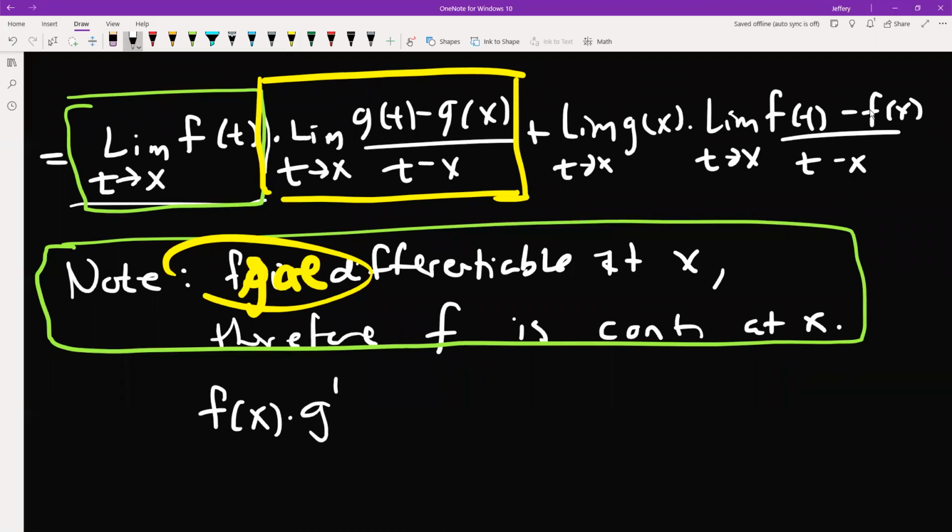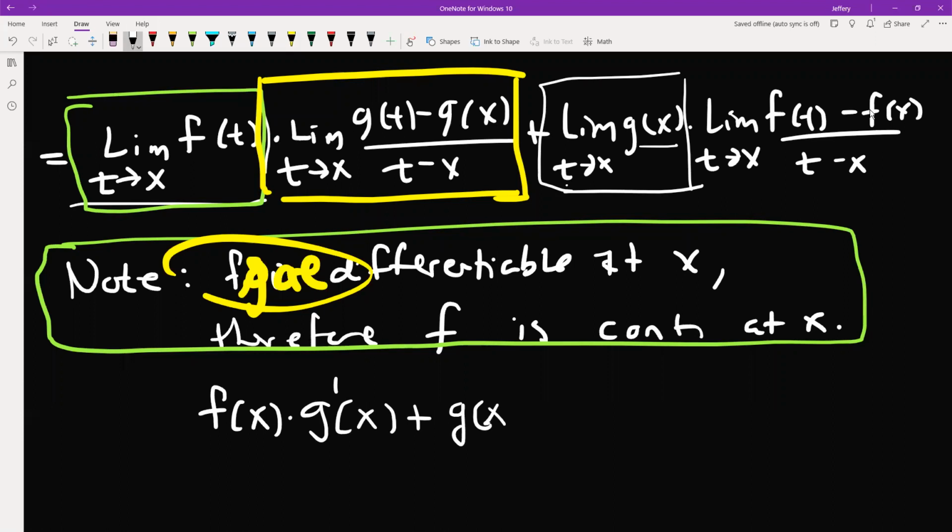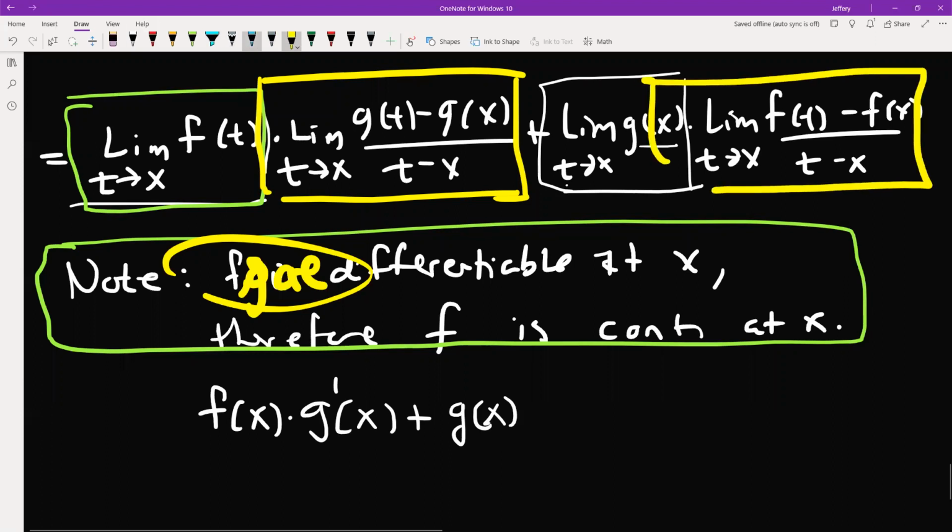That's the definition of g prime of x. Now this is just a constant really. The limit as t goes to x of g of x, well, there's no t here, so it's just the limit of a constant essentially. And here, this is exactly the definition of f prime of x. So this guy is f prime of x.